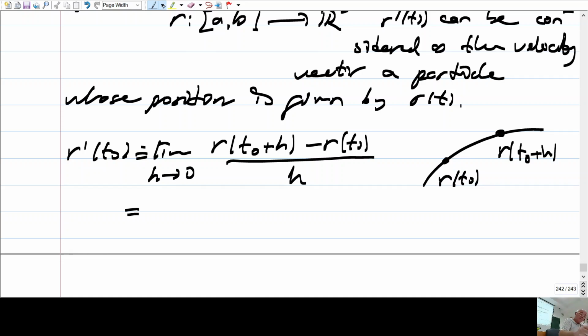And you look at the distance between these two vectors. So this is the difference between the positions, and then you divide this by the time difference and you let h go to 0. So this limit is just the velocity at t0.